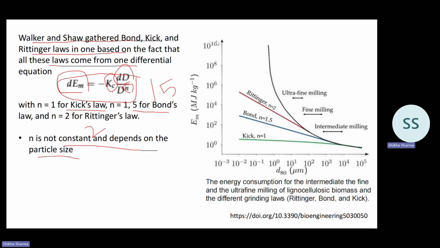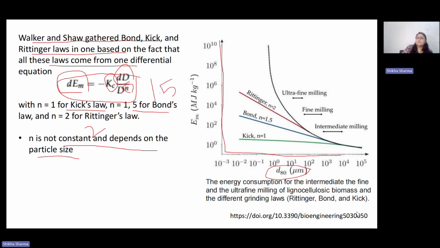So this is a plot, with energy on the y-axis and the diameter on the x-axis. If we are grinding any food particle, 80% of the particles will have a particular diameter, so that diameter is taken as d.